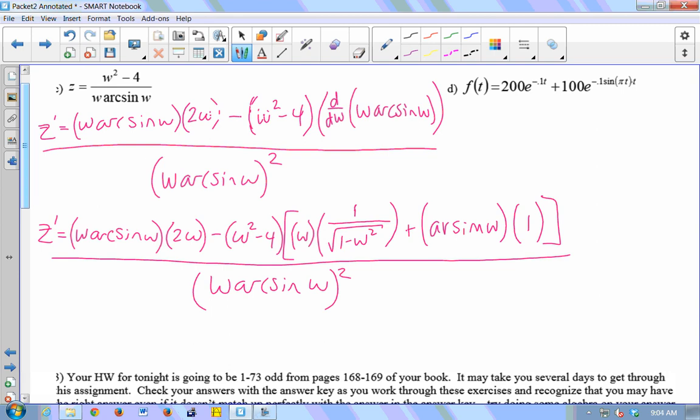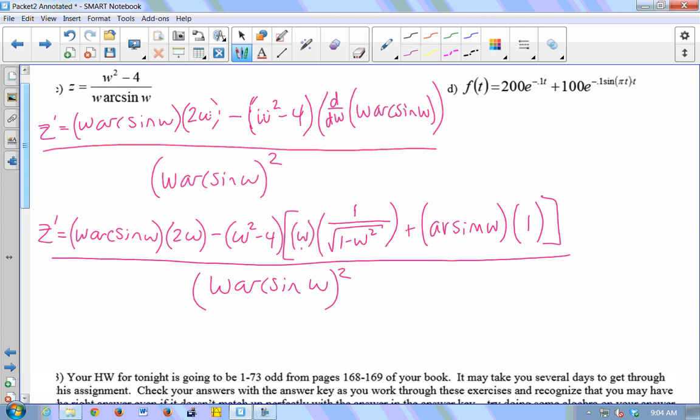I could simplify a little bit, right? In this product rule, I could put this w on top of the fraction. And I didn't have to write this 1 down because times 1 gives you the same thing. So I could simplify a little bit, but it's not going to make that much of a difference, so I'm just going to leave it.